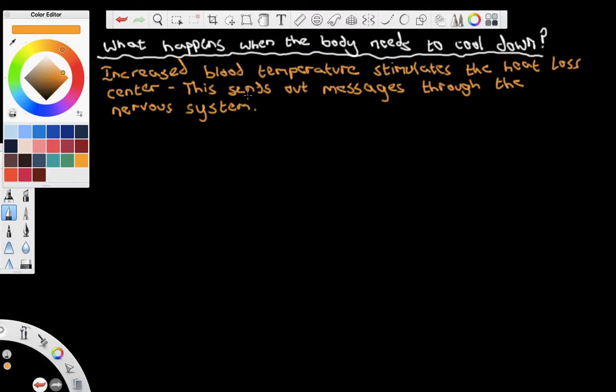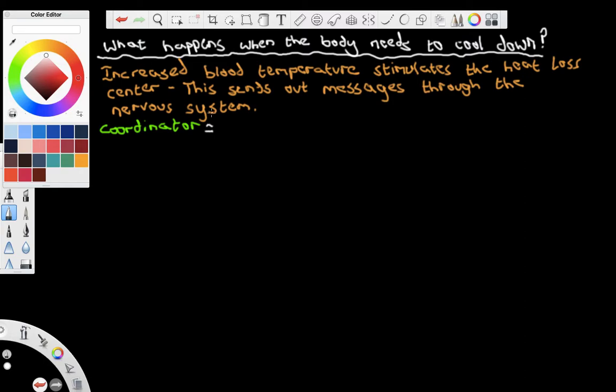Now, in this regard, the heat loss center acts as a coordinator. It receives stimuli, or it receives information and brings about appropriate responses. So this means that the heat loss center acts as a coordinator. A coordinator, okay?